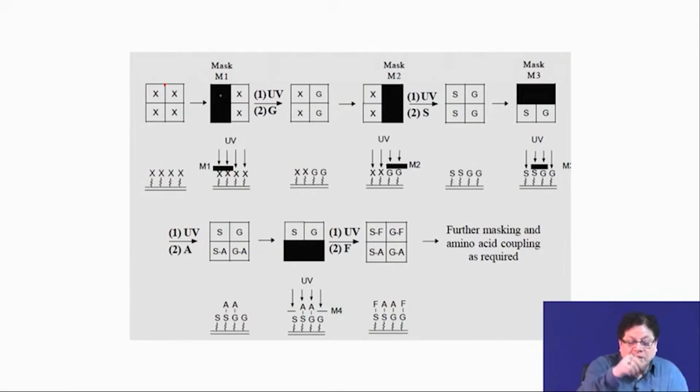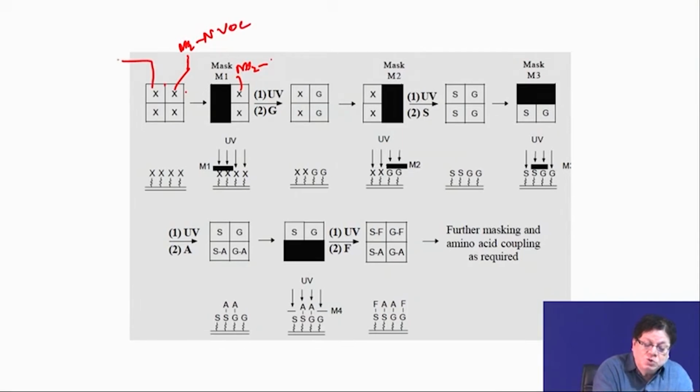Now, this X is actually the NH2 attached to veratryloxy. This is NH2 attached to veratryl, that NVOC. Okay. So, all are attached to NVOC, and this is also attached to NVOC.